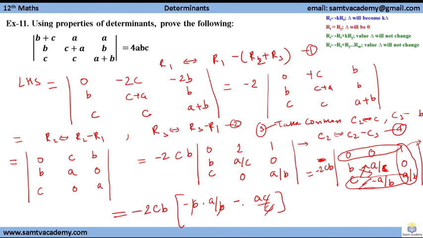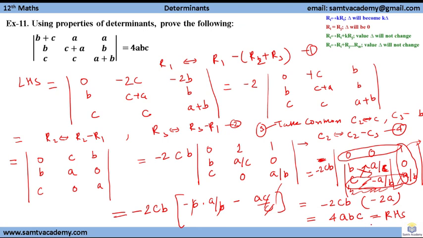So you are left with minus 2A, not square. So this minus gets cancelled out. So answer is 4ABC, which equals the right hand side. Sorry, I have made a mistake here; this and this will cut off, and we will do first this, and this will give a determinant. So we have proved it.